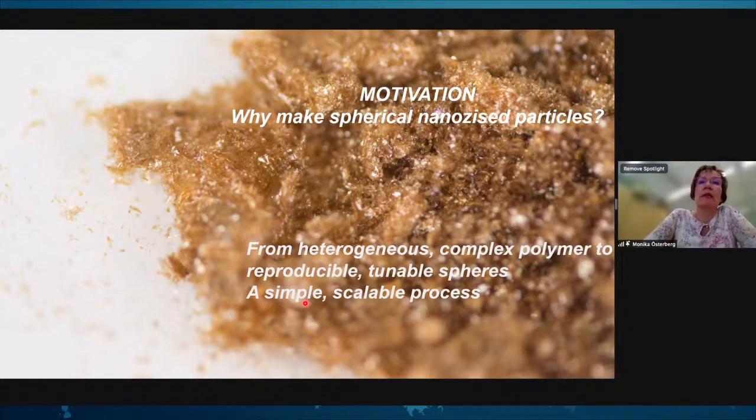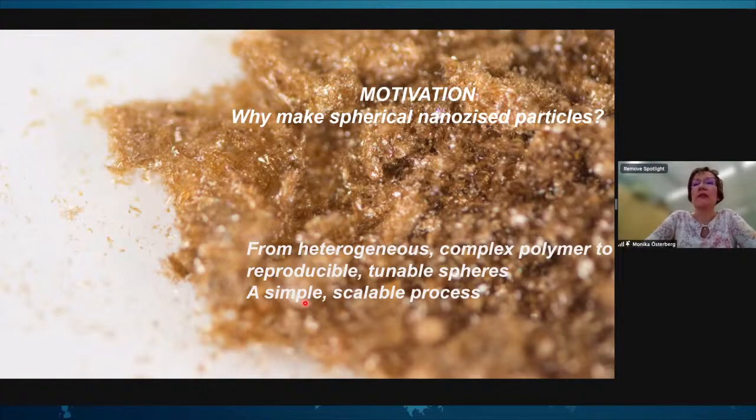So lignin is great, but everyone that has worked with lignin knows that it's not an easy polymer to work with. It's heterogeneous. Depending on the source and the extraction method, you get a different molecular weight, different chemistry, different bonds.